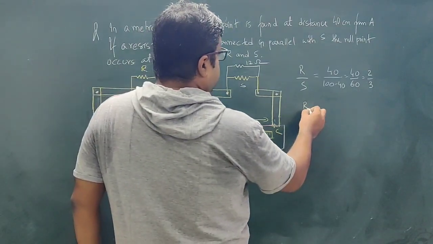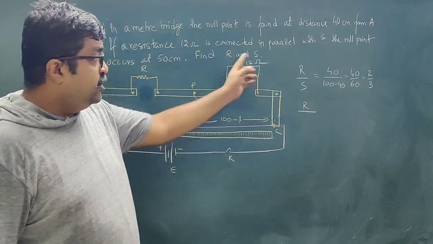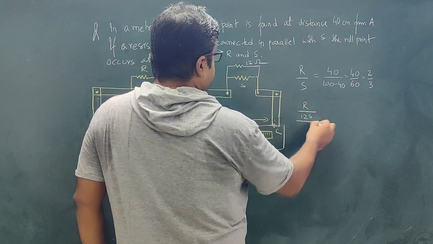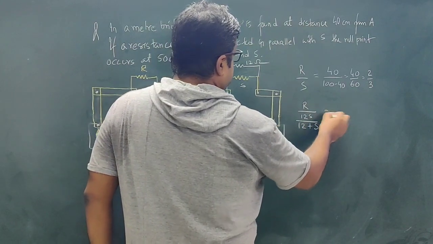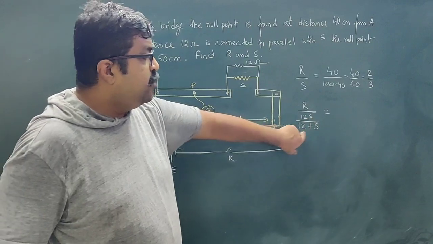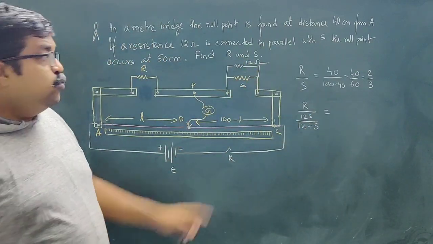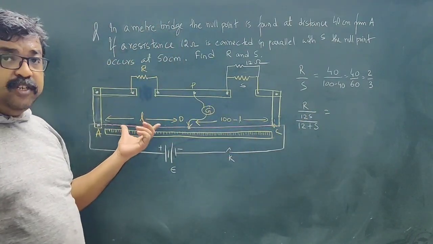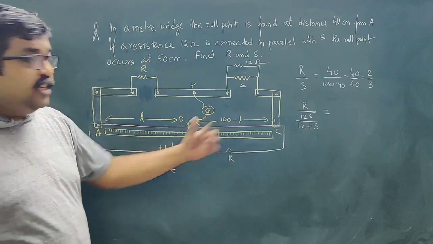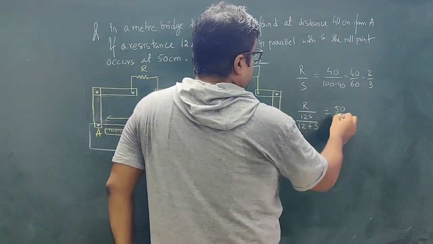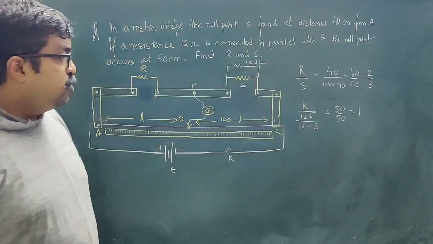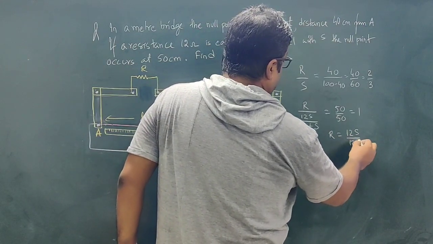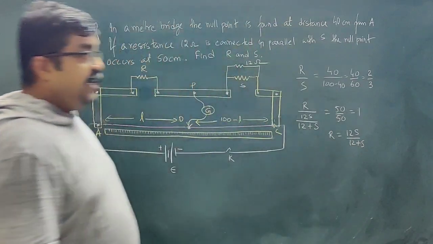Now these two resistances are in parallel, so the equivalent resistance is 12S divided by 12 plus S. So R by 12S divided by 12 plus S is equal to 50 by 50, that is equal to 1. So R is equal to 12S divided by 12 plus S.